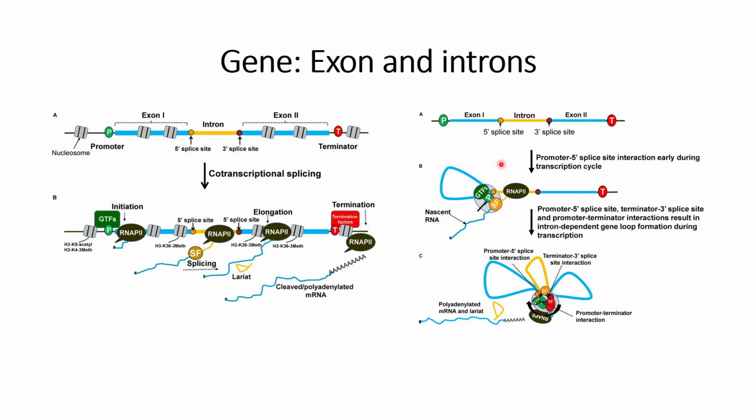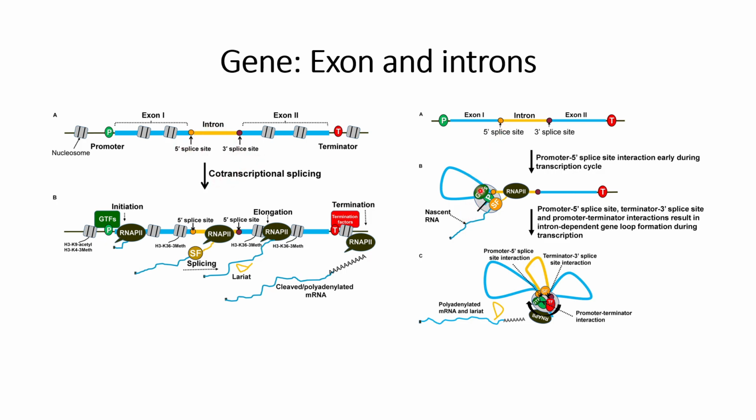In this case, as written here, the splicing involves promoter 5' splice site interaction early during transcription, that is, splicing of this site happens first, instead of splicing of both sites happening at the same time.